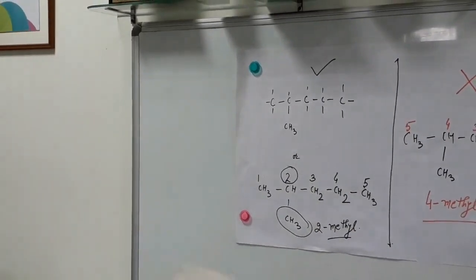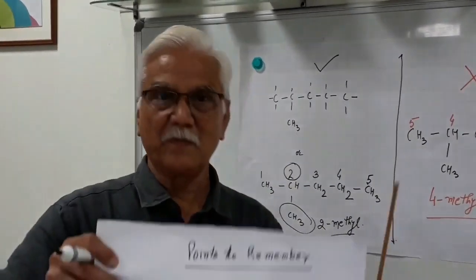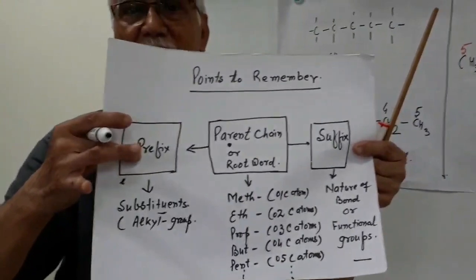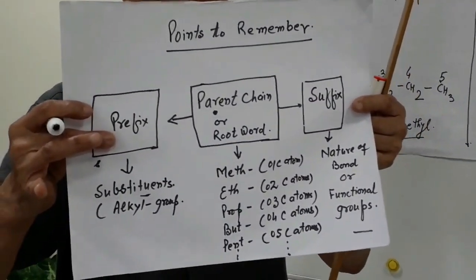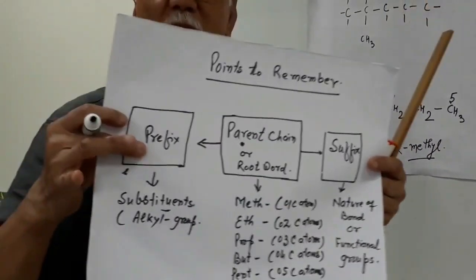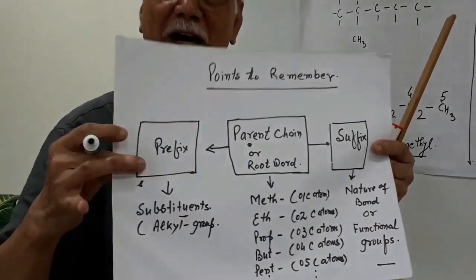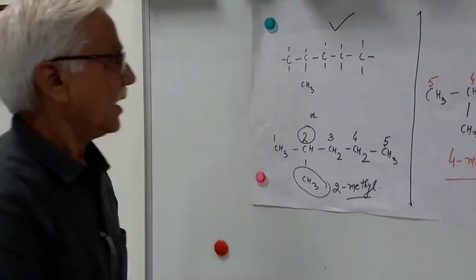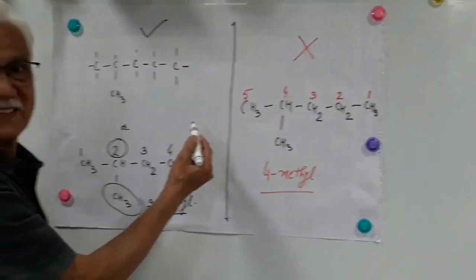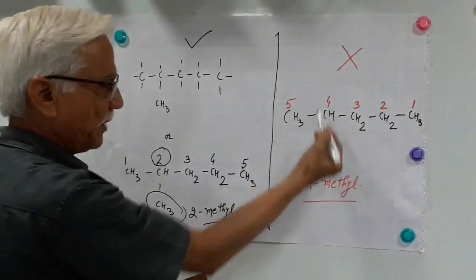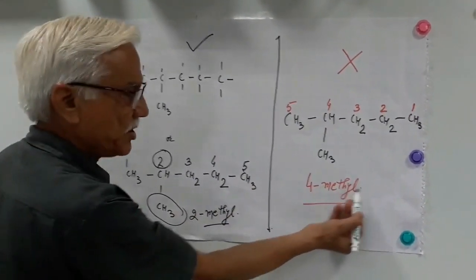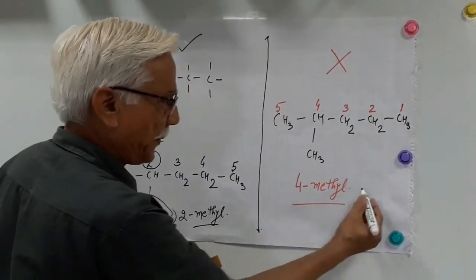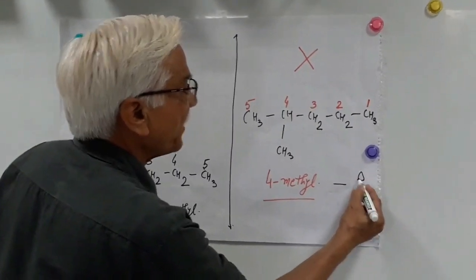I am talking about this prefix. The prefix is methyl, with number and name. Number is 2, name is methyl. When I am talking about this end, the number is 4. Name is still methyl. So this is the P.